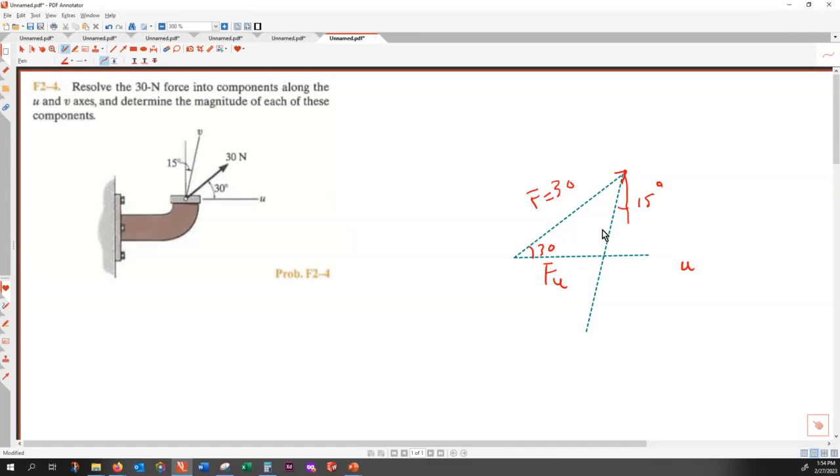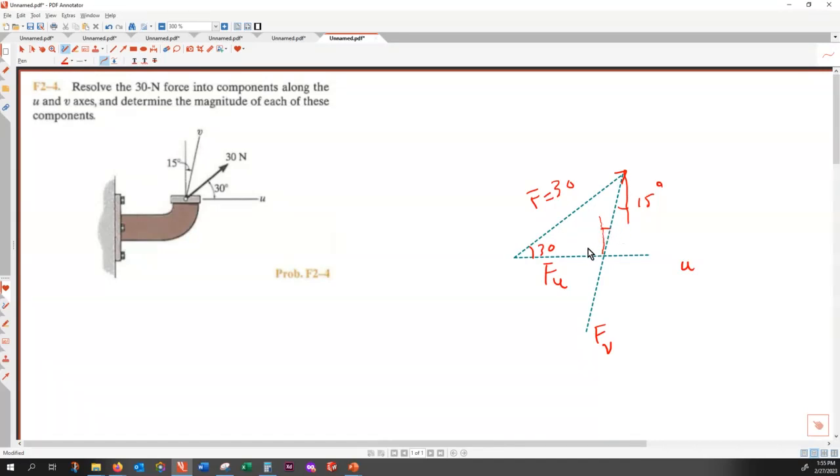All right. So this is going to be the component of F over V. This is the component of F over U. So how do I solve this triangle? First of all, is everyone comfortable with the way I constructed the triangle? If not, just let me know. Here I know that this angle is also 15 degrees. That is 90 degrees.